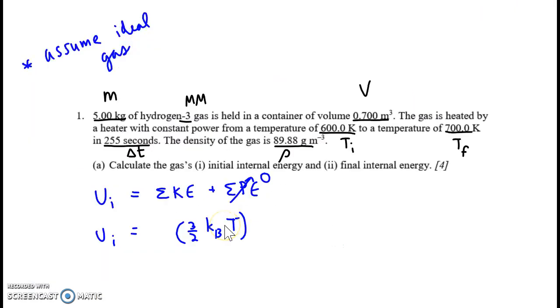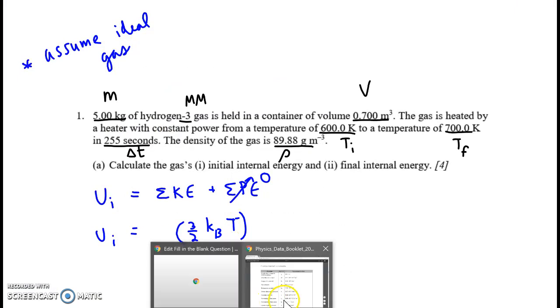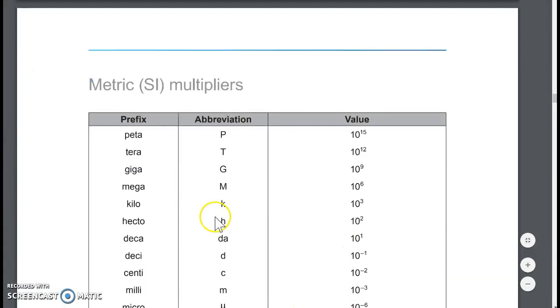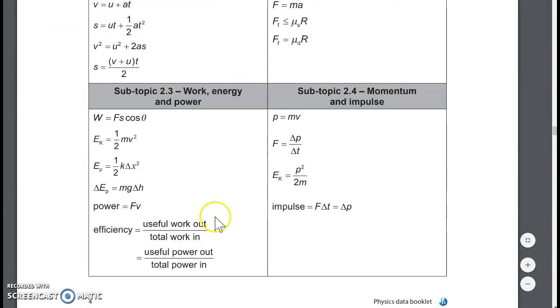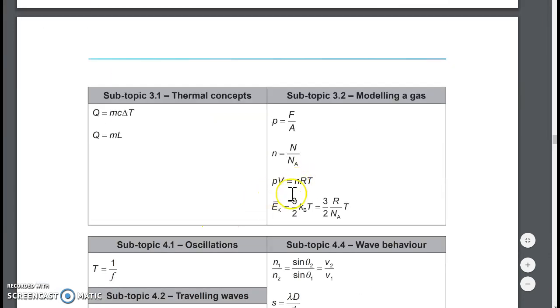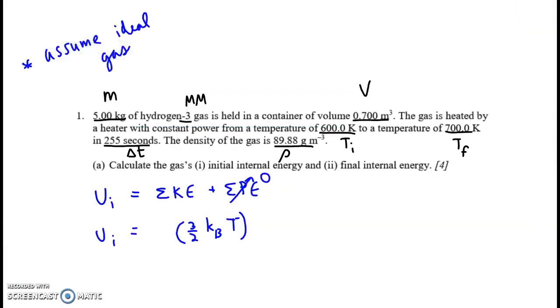But let's go back to the equation booklet, because there's a bar over the E_k. See that bar right there? That means average. This is the formula for one molecule's kinetic energy on average. So if you have a bunch of molecules all whizzing around, then you need to take the average amount and multiply by how many molecules you have.